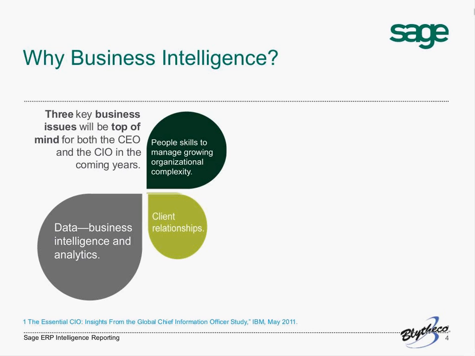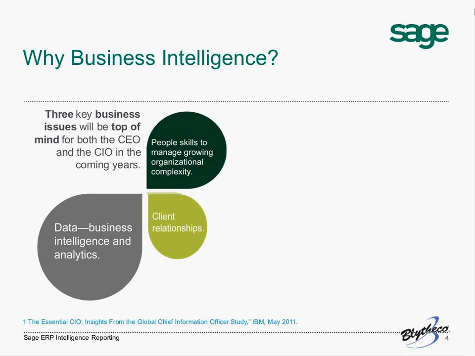The Essential CIO is an IBM study based on face-to-face conversations with more than 3,000 CIOs. We found that the three key business issues that will be on the top of mind in the coming years are people skills, next growing organizational complexity and client relationships, and data, that third one being business intelligence and analytics.